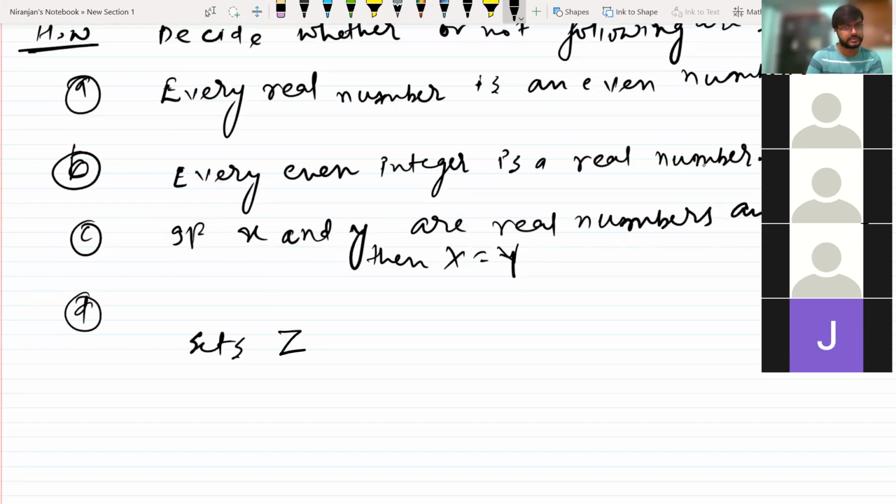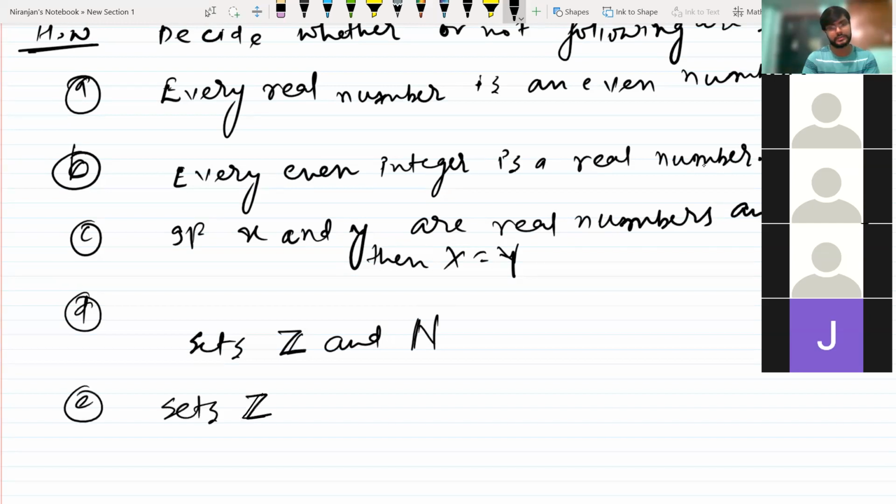Sets Z and N. Sets Z and N are infinite.